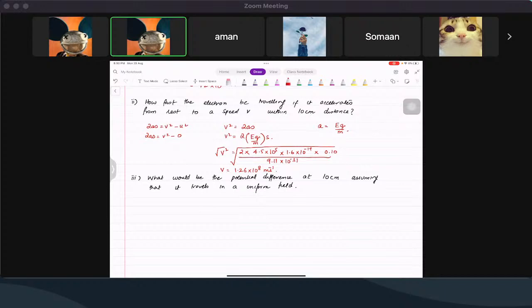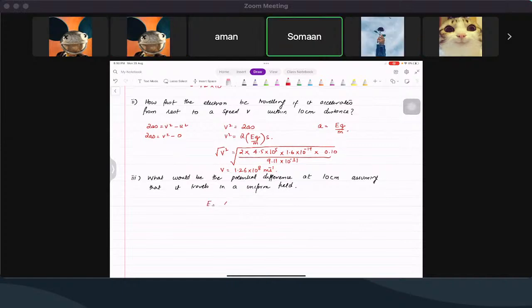Any formula? We did it earlier, E is the field strength at a distance, yes, the potential gradient, right?